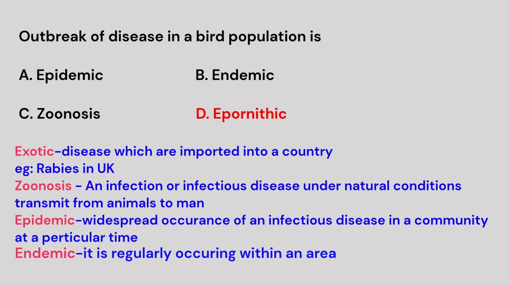Zoonosis: an infection or infectious disease that under natural conditions is transmitted from animals to man. Epidemic: widespread occurrence of an infectious disease in a community at a particular time. Endemic: regularly occurring within an area.